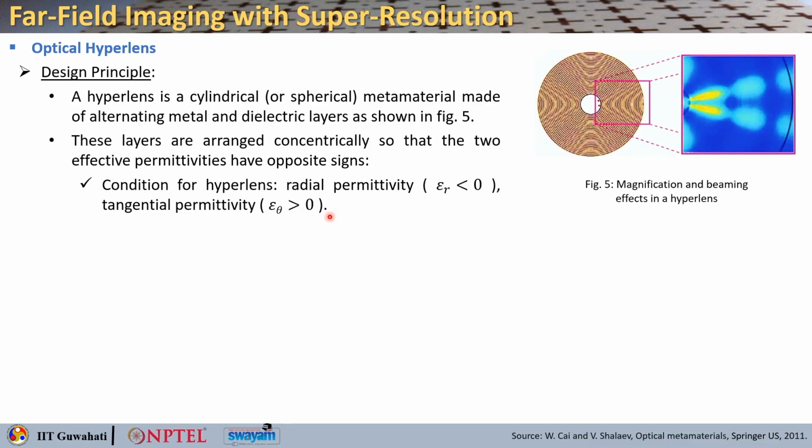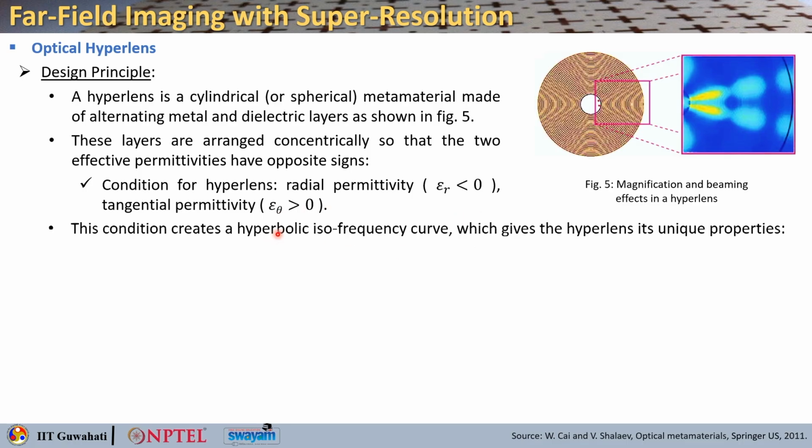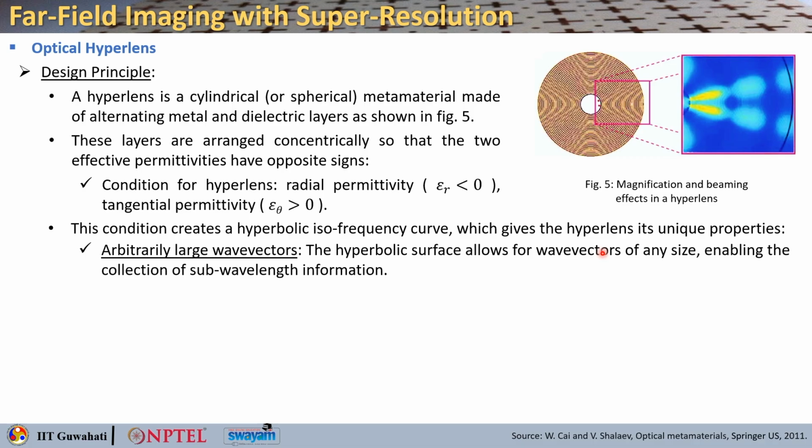The condition for the hyperlens is such that the radial permittivity will be negative and the tangential permittivity will be positive, that is epsilon r will be negative and epsilon theta will be positive. This condition creates a hyperbolic isofrequency curve. That means you have a hyperlens which has some unique properties.